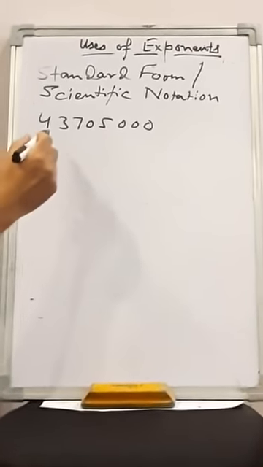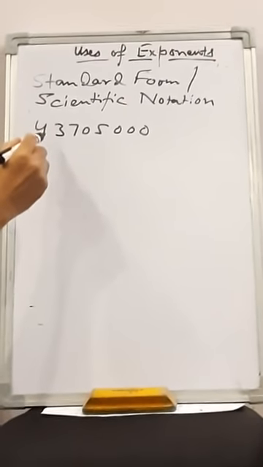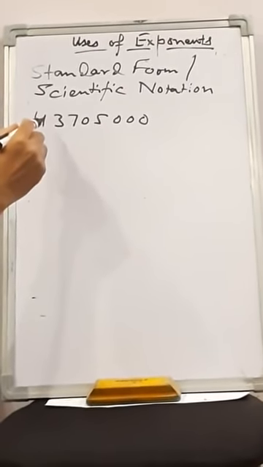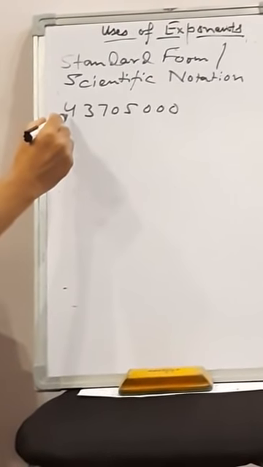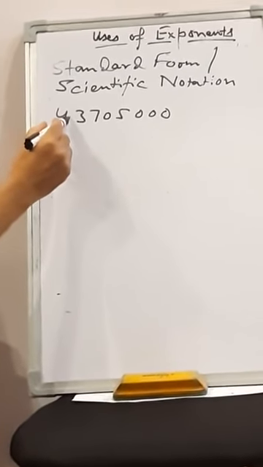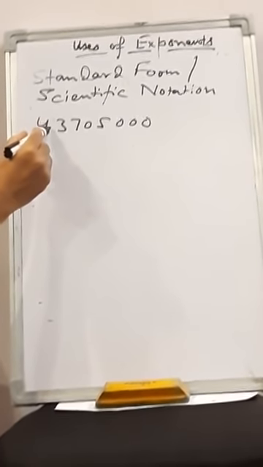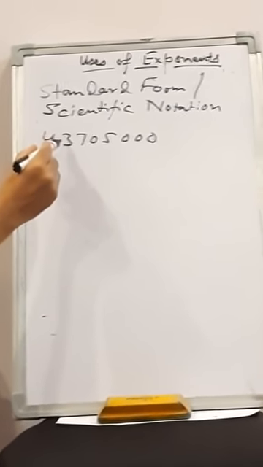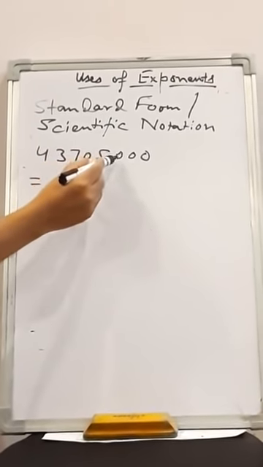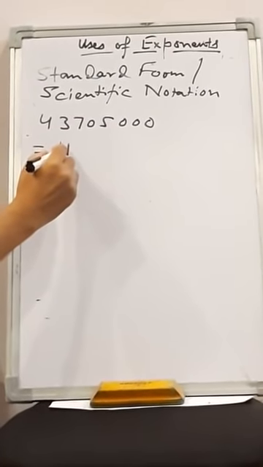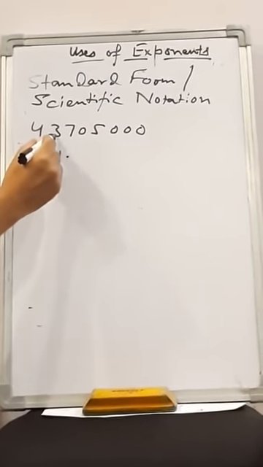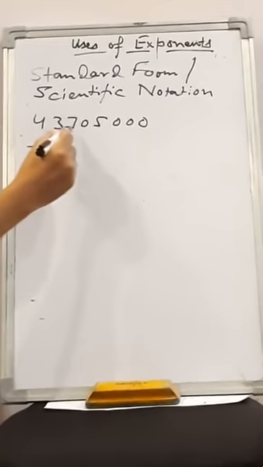What we do in this is we place the decimal after one digit starting from left. So that means decimal will be placed here after 4, and we count the number of digits after decimal. So 1, 2, 3, 4, 5, 6, 7. So 4 point, we will write all the significant digits after this.